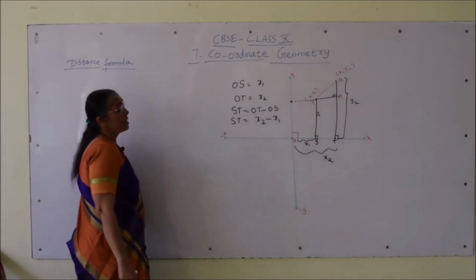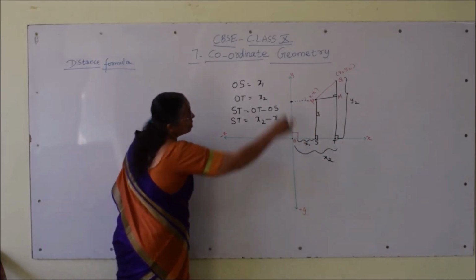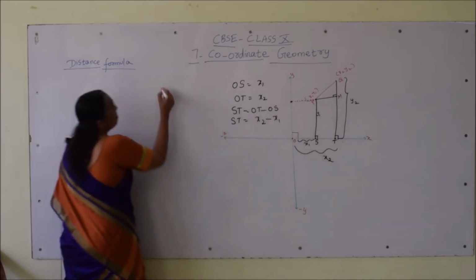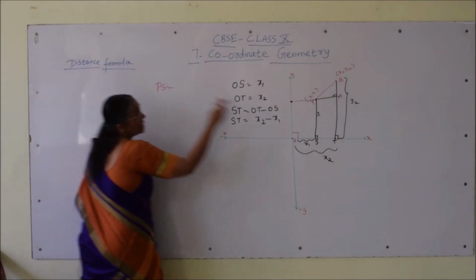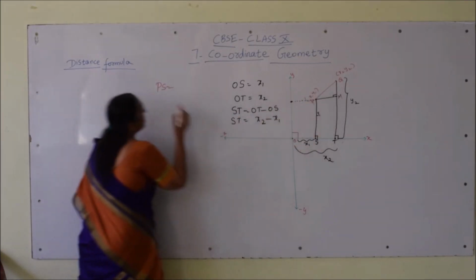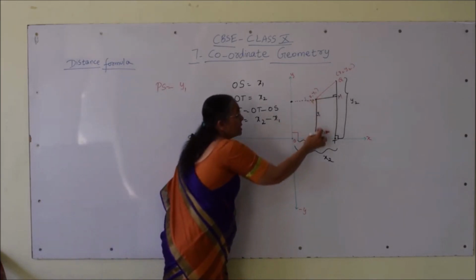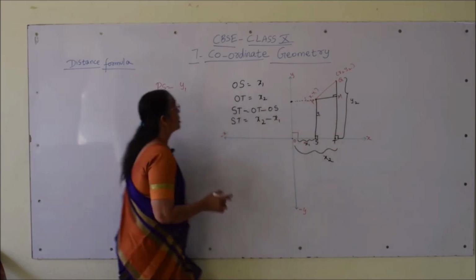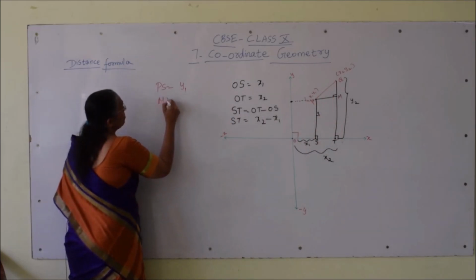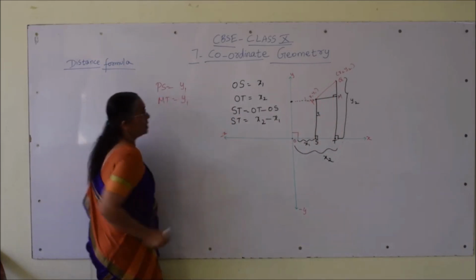What will be the distance QM? I want to find out. Already we have PS as Y1, so PS is the same as MT, which implies MT is also Y1.